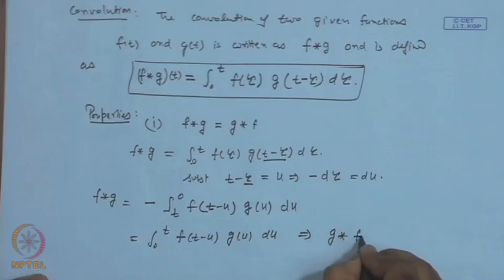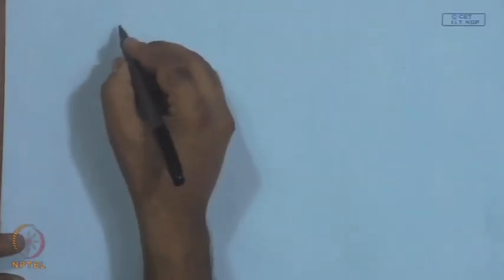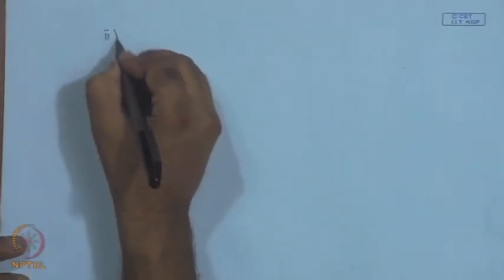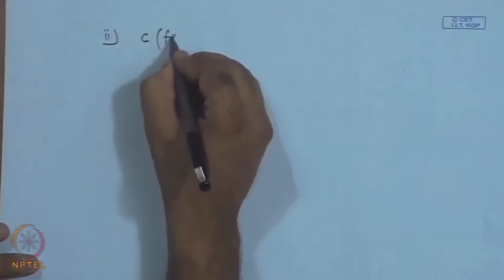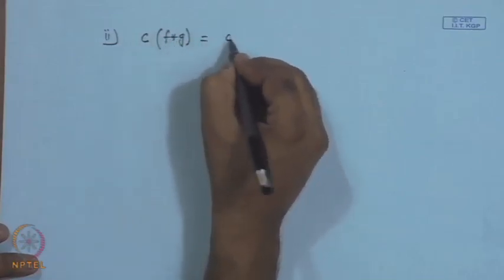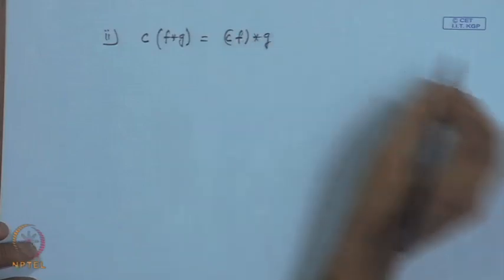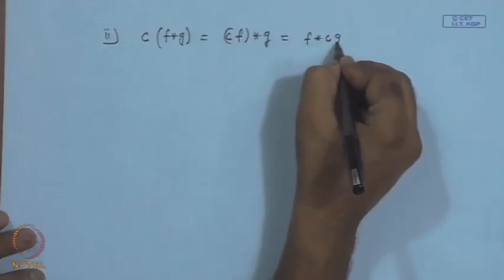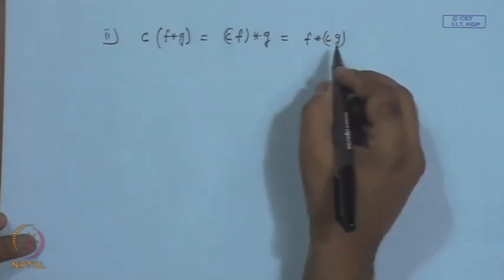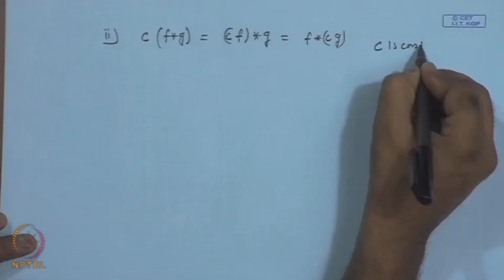and this is exactly by the definition g convolution f. So, similarly, we have the other properties of this convolution, like if we multiply a constant to f and then take the convolution with g, or take f and multiply c to g, it is the same for any constant c.